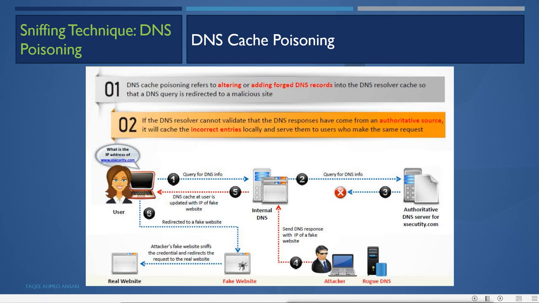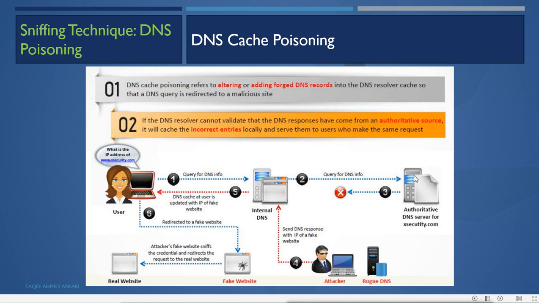So they check the cache whether there is any information about that name or not, and if the information is not there, then it will do the query. It will do the recursive query, and it will go to root DNS, top level DNS, and then other DNS, and then finally it gets the records of that authoritative DNS server.